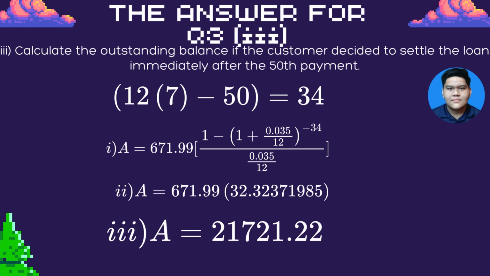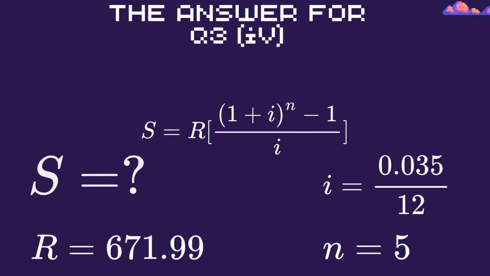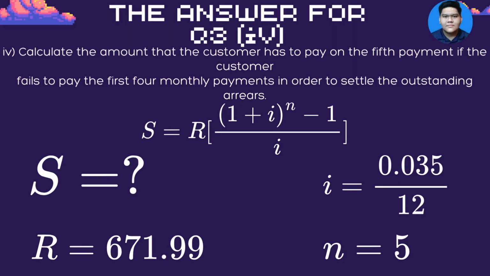After we calculate the equation, in the second one, A equals 671.99, opening bracket 32.32371985 closing bracket. After multiplying, in the third one, that's the final answer. A equals 21,721.22.